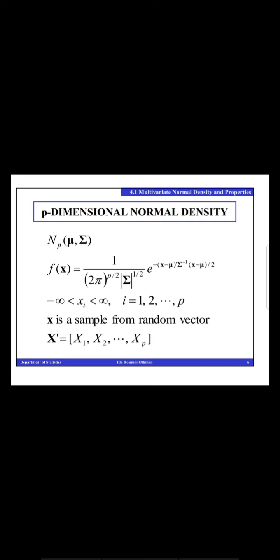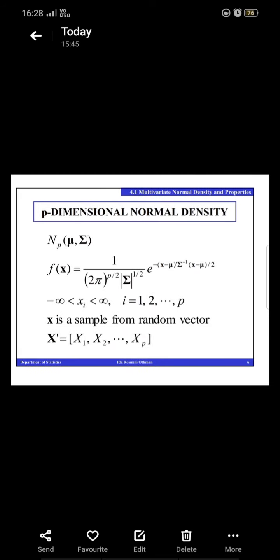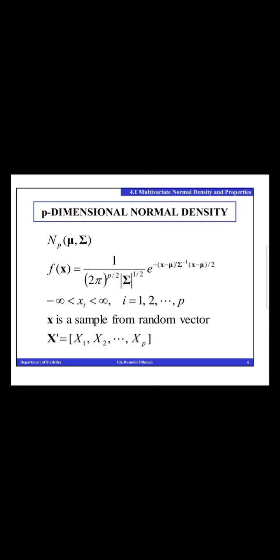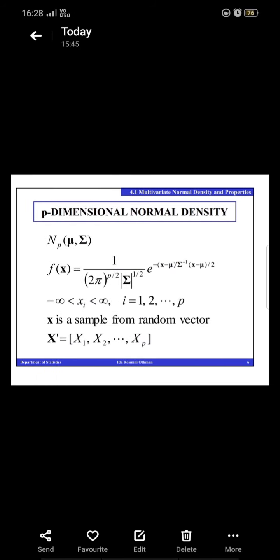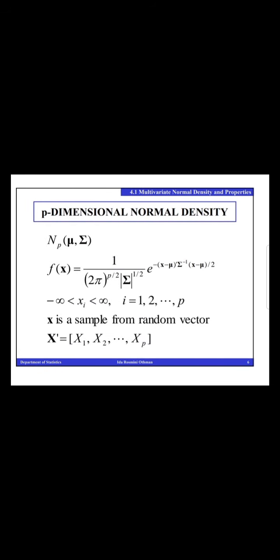When we multiply this function several times, you will have 1 over 2 pi to the power np divided by 2, because we multiply the function n times. Then the absolute value of big sigma to the power of n over 2.